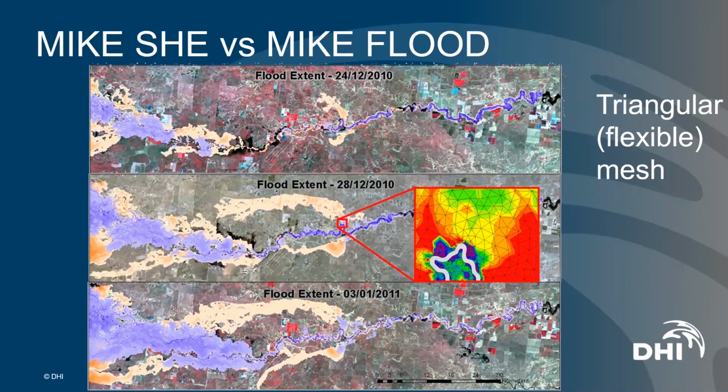So I think this is an interesting challenge that we have. The nice thing here is we have the satellite imagery to compare and make a reality check on our modeling, and I think that's definitely the way forward for many of the pieces of work that we would like to do in inundation modeling.